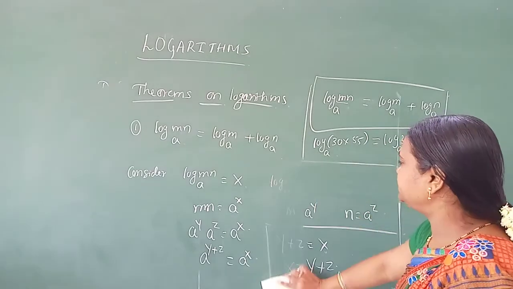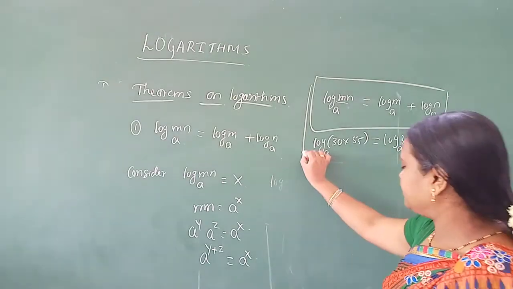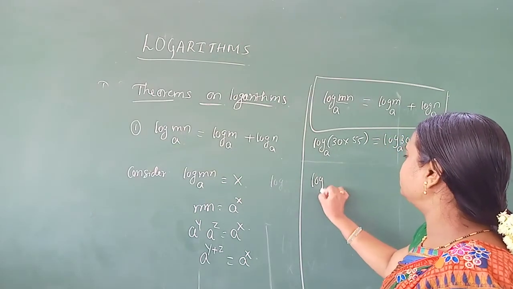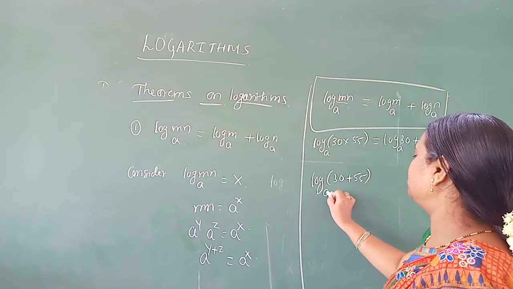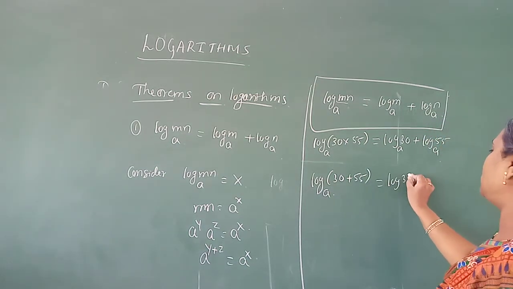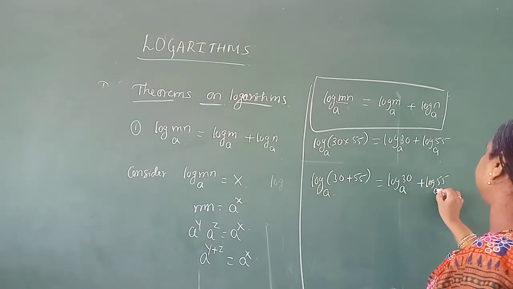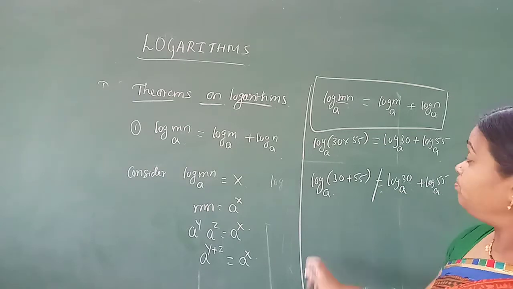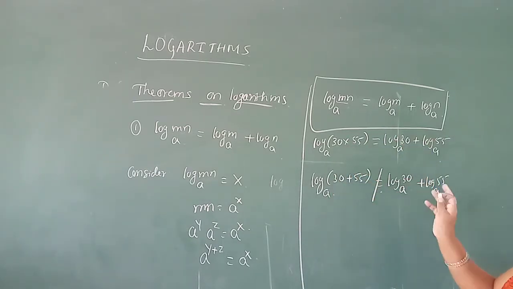Okay, did you understand? For example, if I take log of 30 plus 55 to the base a, we can't write this as log 30 to the base a plus log 55 to the base a. Remember that a product can be converted into addition, but addition cannot be converted directly.